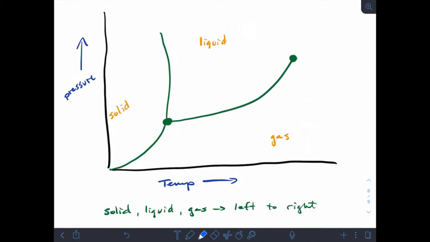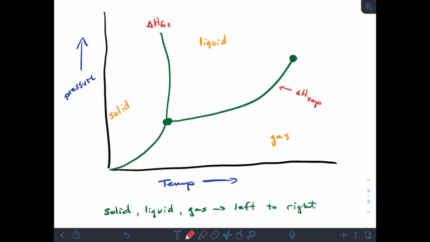Okay? So what are these lines really representing? Okay, so let's talk about that for a bit. So the lines are phase transitions. Okay? So this line between the solid and liquid, this is delta H of fusion. Okay? And the line between liquid and gas, this is delta H vaporization.